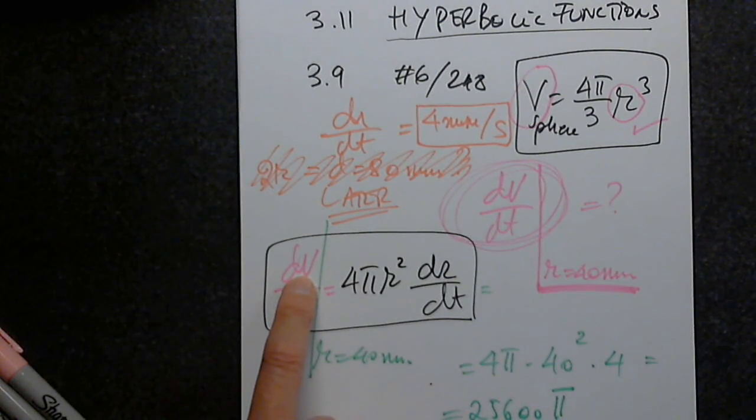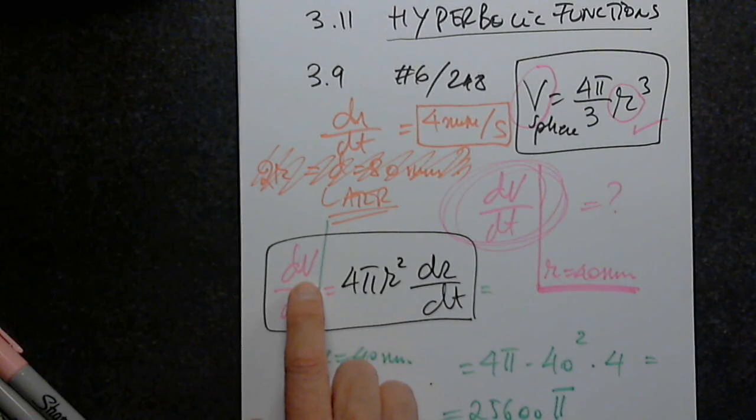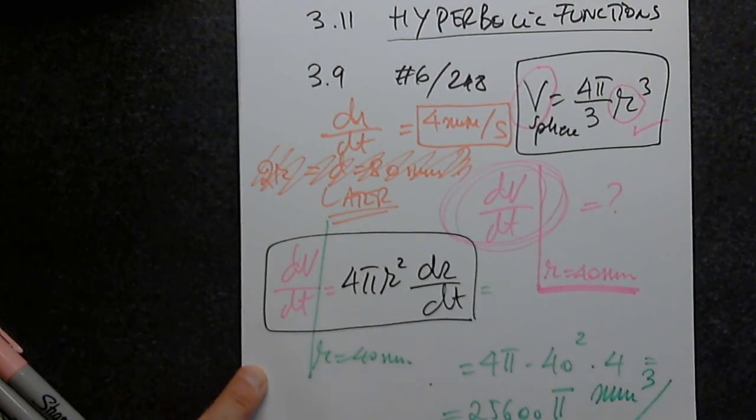The measurement unit of the top over the measurement unit of the bottom. What is the measurement unit for the top? It's not the area. So, yes, millimeters cubed per second.